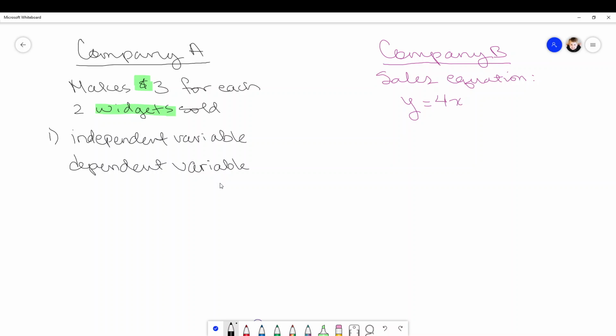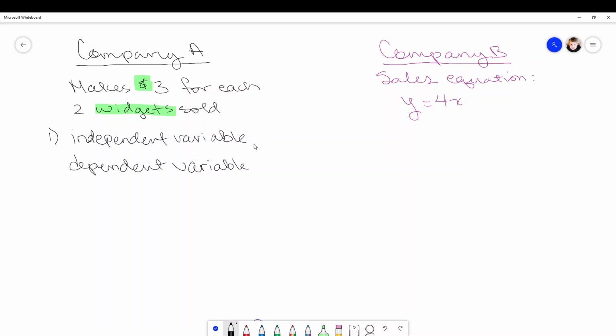If I ask how much money they're making, that depends on how many widgets they sell. I wouldn't say that the number of widgets they sell depends on how much money they're making. What is impacted is that the amount they're making depends on what they sell.